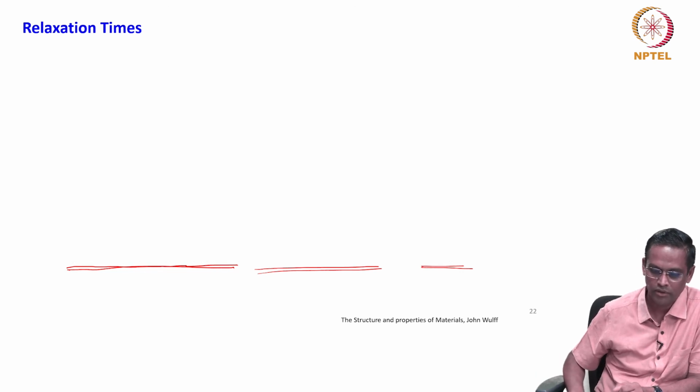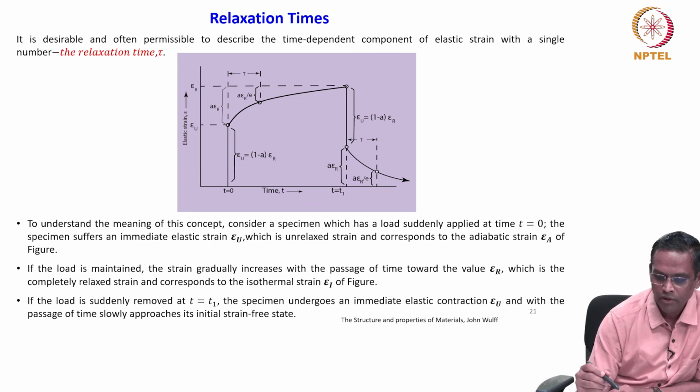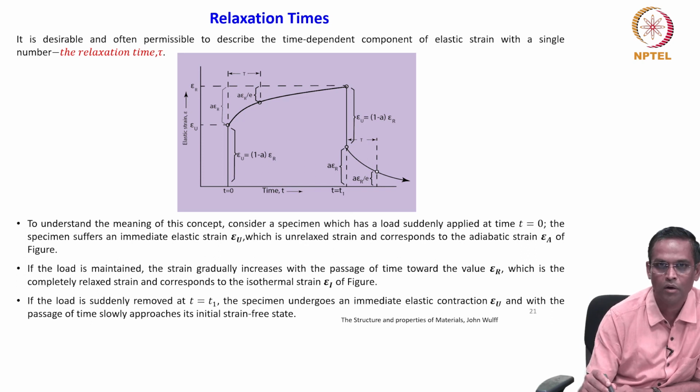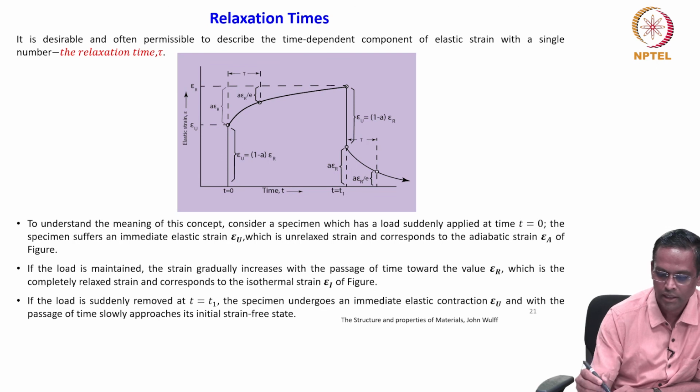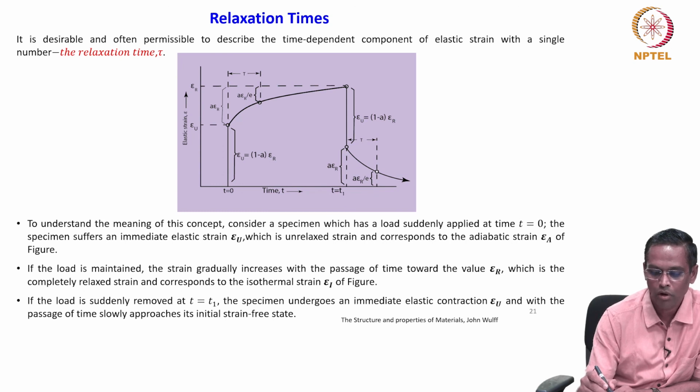Now, we will go back to the figure. You see, suppose I am interested here, this is the tau, this is the measure of tau here. So, this is a relaxation time. It is not completely relaxed strain, it has not reached here, but it is somewhere here. So, here if I want to look at it, that will have so much of the fraction of 1 by E, that is what it is, right.